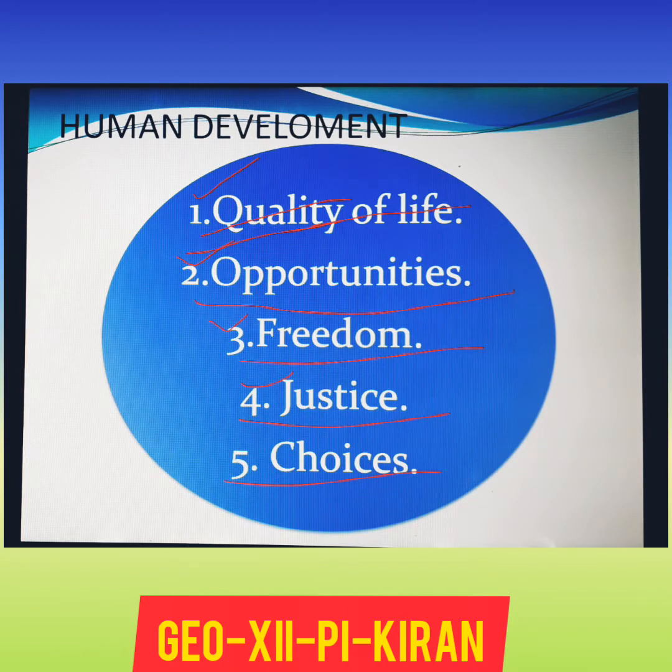So I will again repeat here because it's very important. Human development includes all these five important aspects: quality of life, opportunities, freedom, justice, and choices for the people or the population in that particular area.